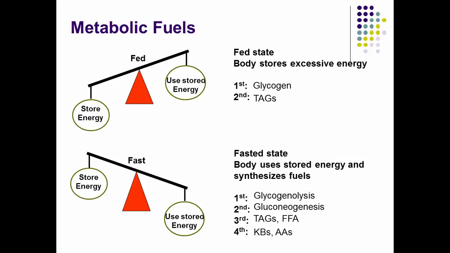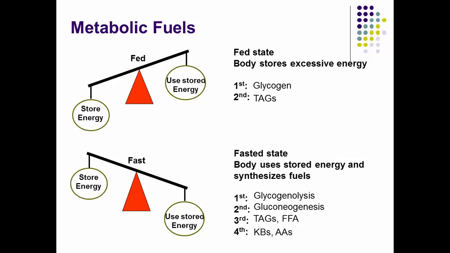And lastly, with longer starvation, for example, longer than 2 days, our bodies start to make ketone bodies, right? So that is the timing of the fuel utilization. First of all, you need to break down glycogen because it's quicker, and we also have a lot of glycogen stored in the liver, right?